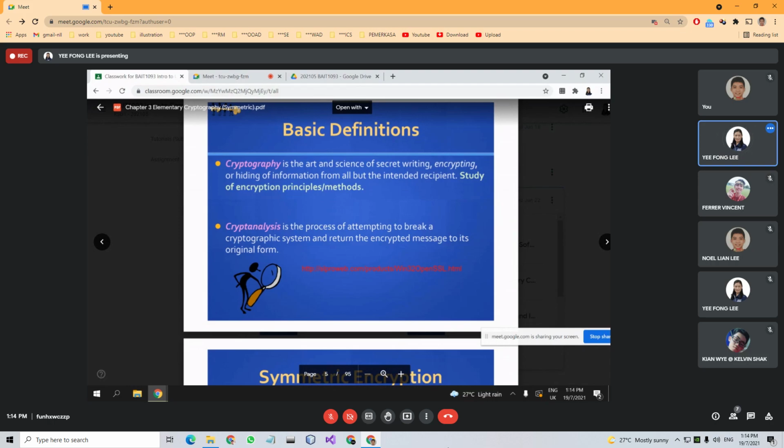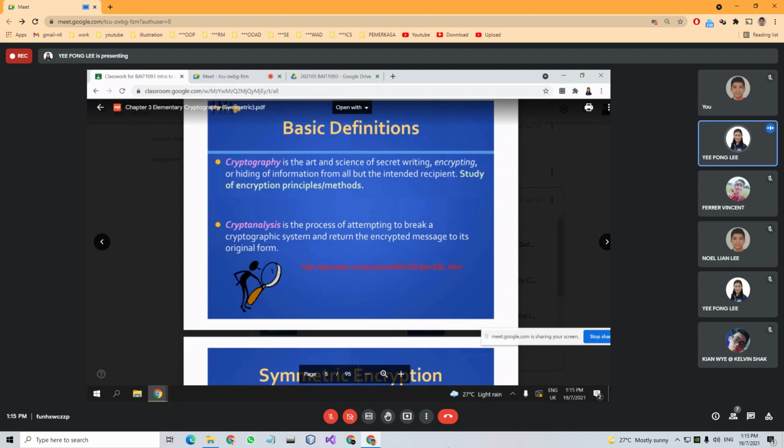We want to hide the information so that it will not be read by an unauthorized party. It is about shifting letters or code to make it unreadable, or not understood by a third party. How about cryptanalysis? Cryptanalysis is the process of attempting to break the system so that it goes back to the original form.